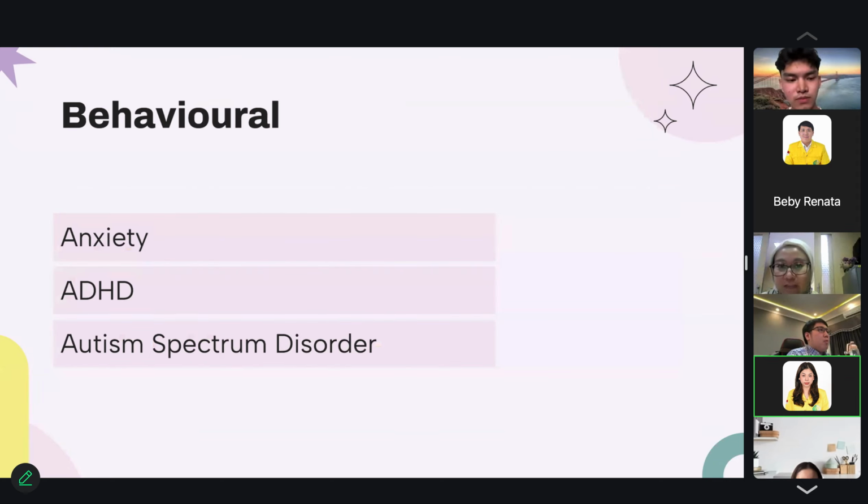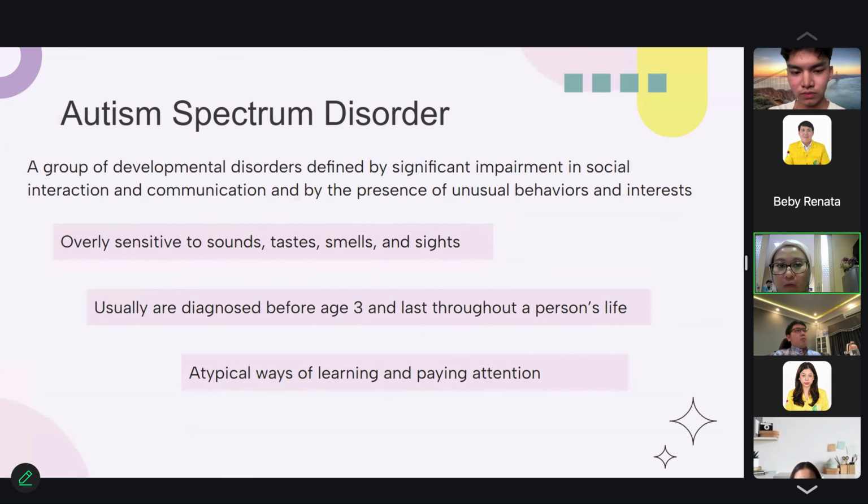So first is the behavioral disorder, or sometimes people call it emotional challenge. Examples of this type are anxious patients, autism spectrum disorder, and ADHD patients. Autism is called a spectrum because it is a group of developmental disorders with a range of symptoms.